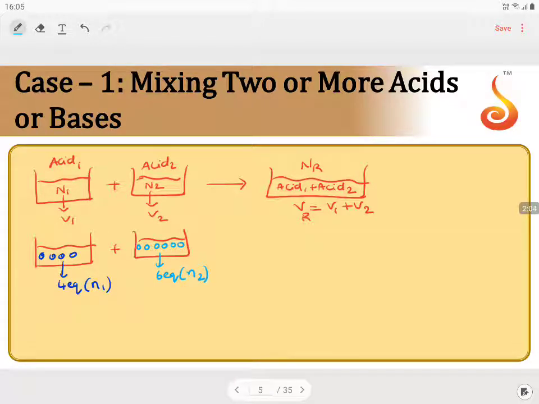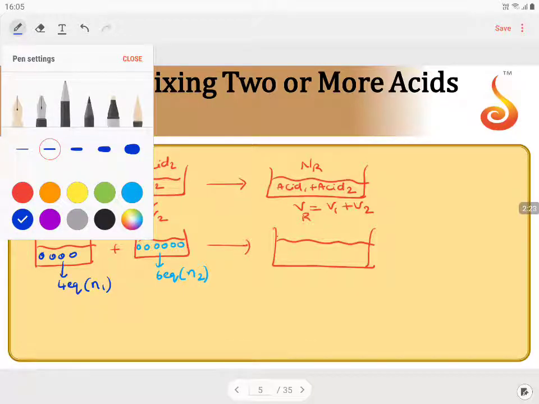Now when you are adding these two to the resultant solution, how many particles will be present in the solution? Just check it out.